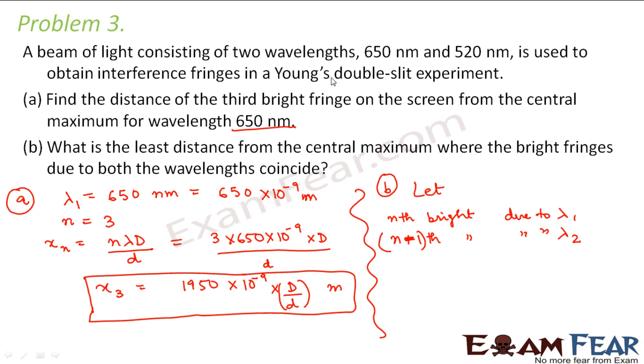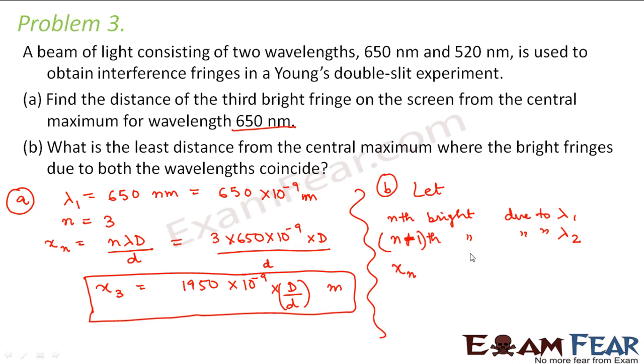We have two different wavelengths, so we are assuming that nth bright fringe of lambda 1 coincides with n minus 1th bright fringe due to lambda 2. Or you can assume it the other way around also. You can assume that nth bright fringe due to lambda 1 coincides with the n plus 1th bright fringe due to lambda 2. So in that case, what happens?